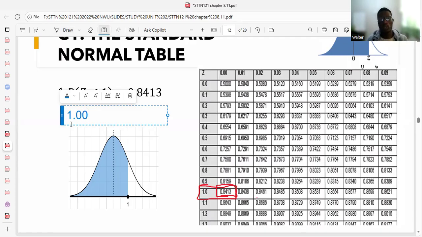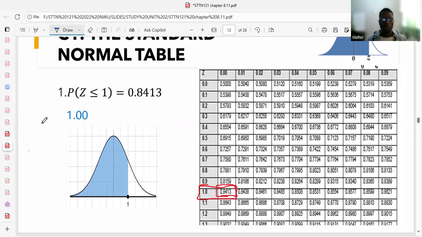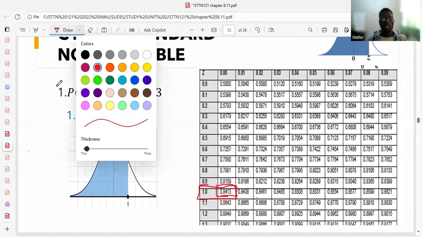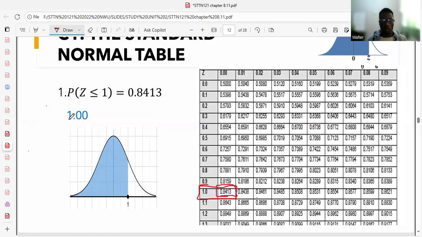So on this one, since we have a positive z value, which is 1.0, what is my last digit? It's 0. Then 0 divided by 100 is still 0, which is the same as 0.00. That's the reason why we check under 0.00 here. Then you are left with 1.0.